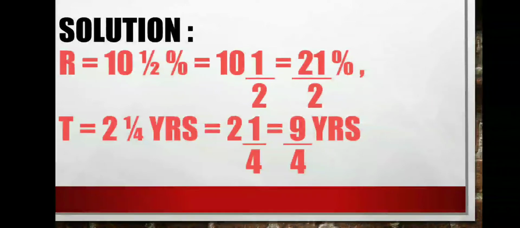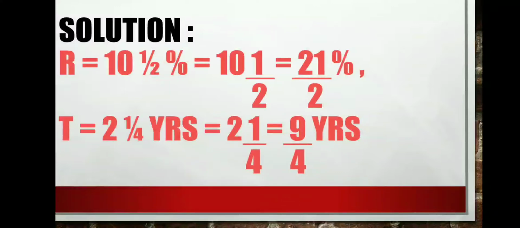First of all, we'll convert these mixed fractions into improper fractions. See here, rate of interest is 10 whole 1 by 2. Means 2 tens are 20 plus 1, 21 by 2%. Sorry, time is 2 whole 1 by 4 years. That comes to 4 twos are 8 plus 1, 9 by 4 years.